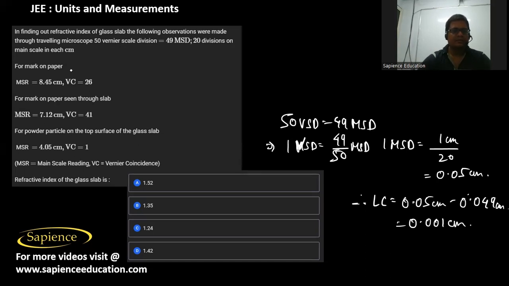For the mark on paper, the main scale reading is 8.45. For the mark on paper seen through the slab, and for the powder particle on the top surface of the glass slab, we have to find the refractive index of the glass slab.